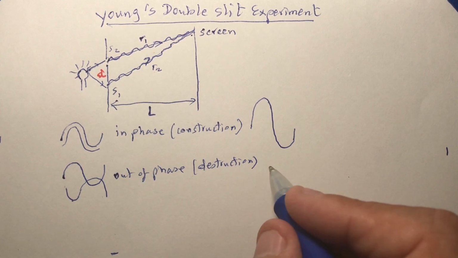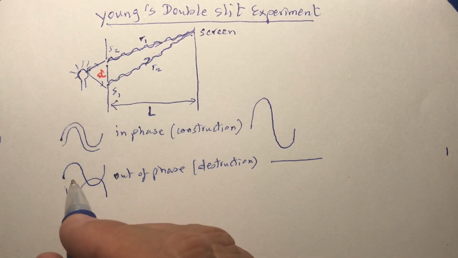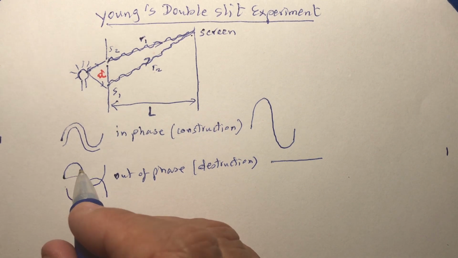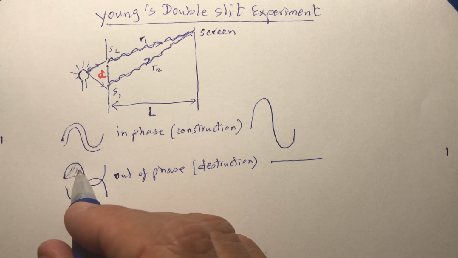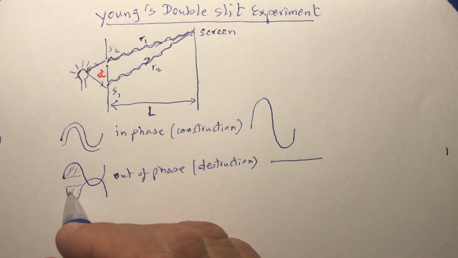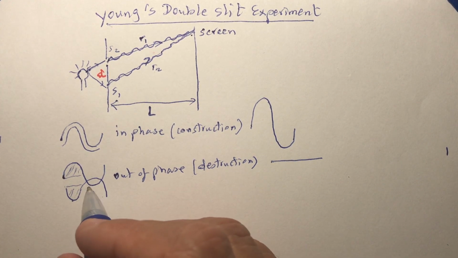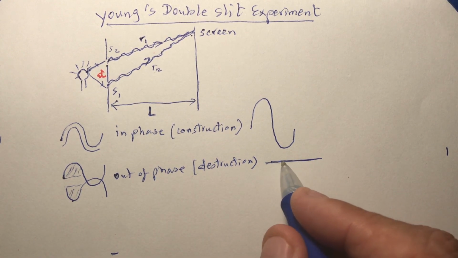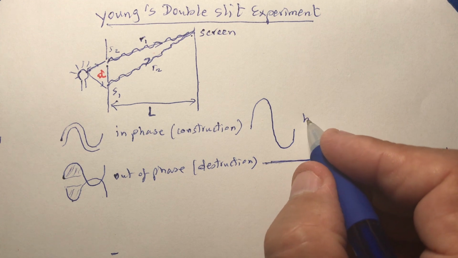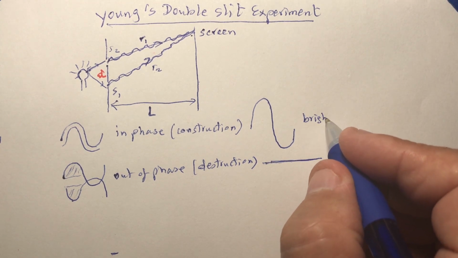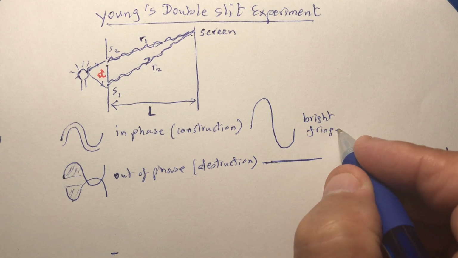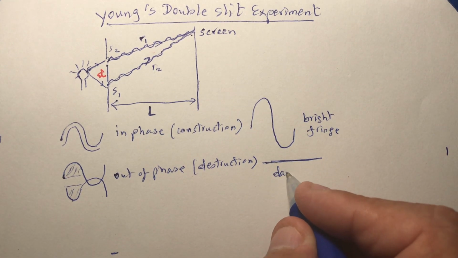So actually you don't get anything, because this bump here will go into this dip here and vice versa. So they cancel each other out and you just get darkness. So this is a bright fringe. This is a dark fringe.